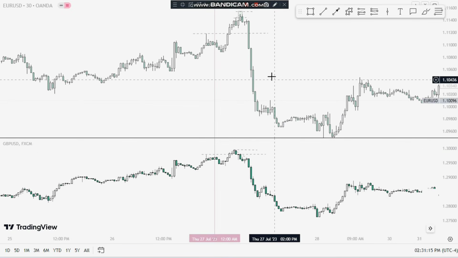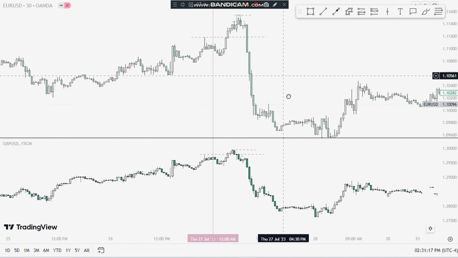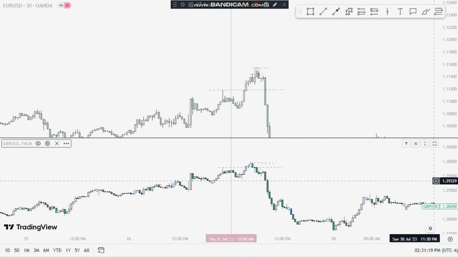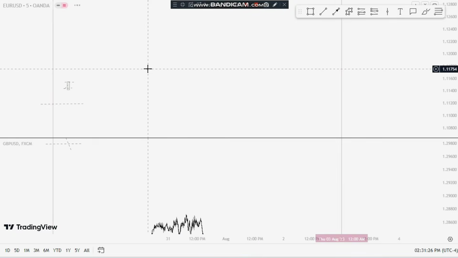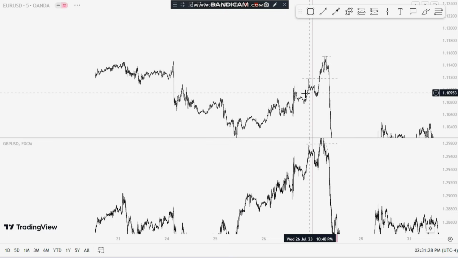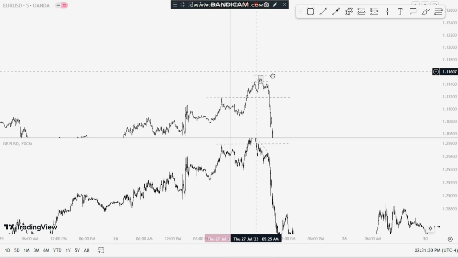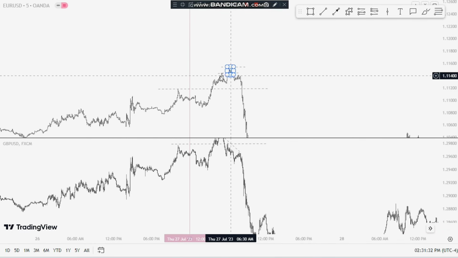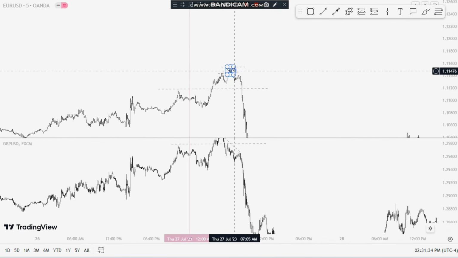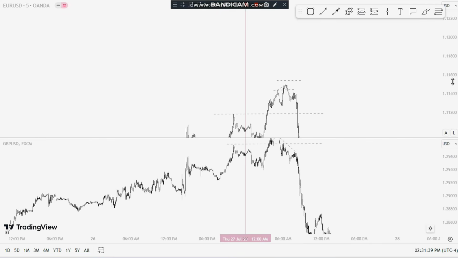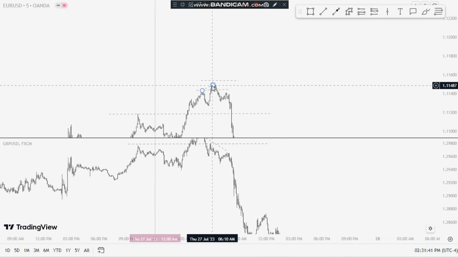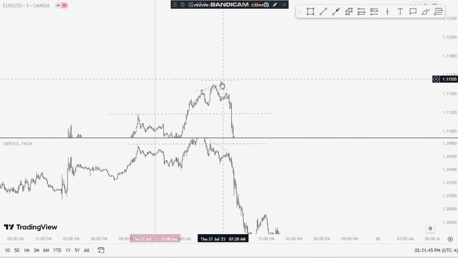Okay, so now why is it called the turtle soup? Let me shift to the 5 minute again. I will explain why it is called the turtle soup. So here you can see that some people confuse it with the market structure shift or the break of structure. Okay, they think the break of structure has happened and the price will continue to go upward.